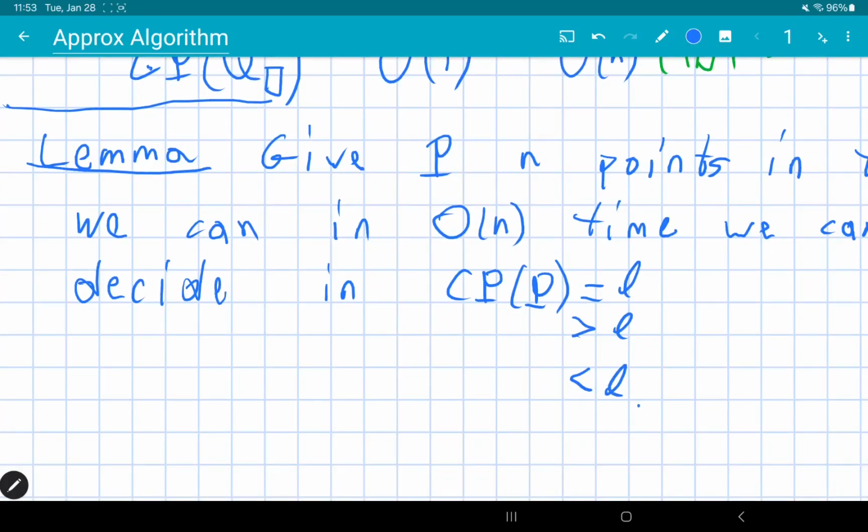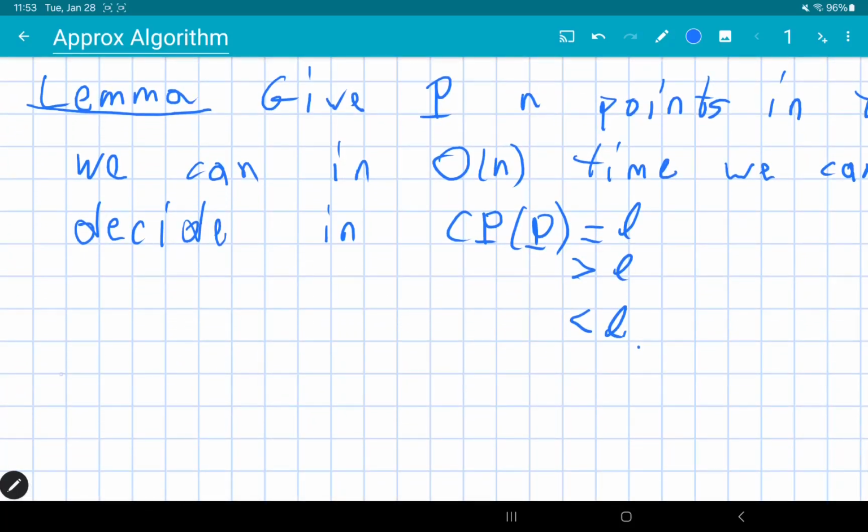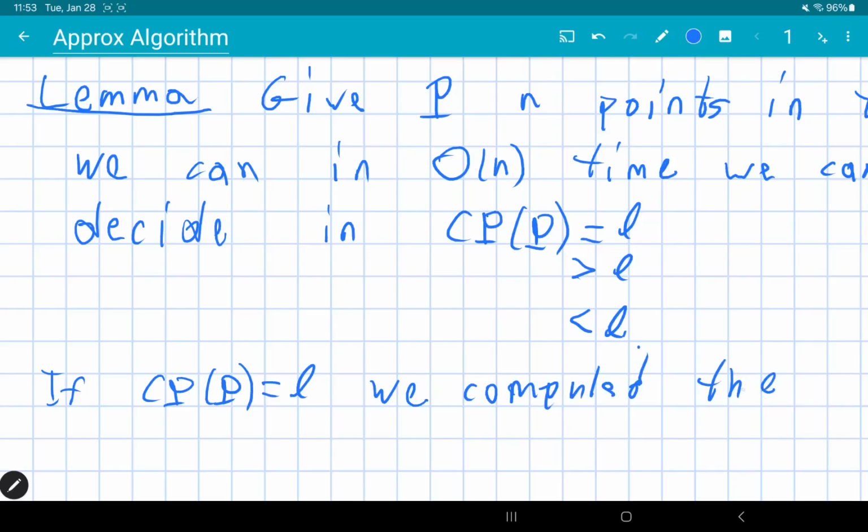And one very nice property of this verification algorithm is that if the closest pair distance of P is equal to L, in fact, we are going to have the 2 points realizing it. We computed the pair realizing it. The closest pair. Okay, so that's good.